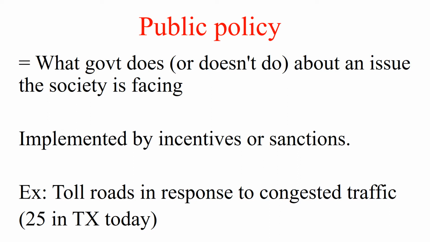One example of a public policy would be toll roads. Imagine the city of Austin has pretty congested traffic, especially in rush hour, like most major cities in the United States.